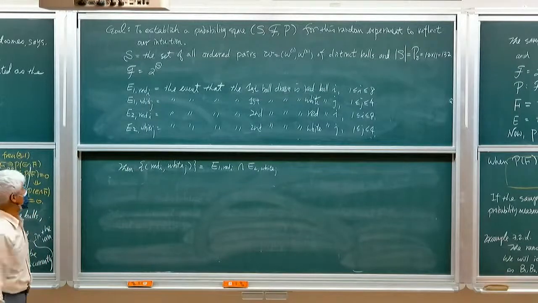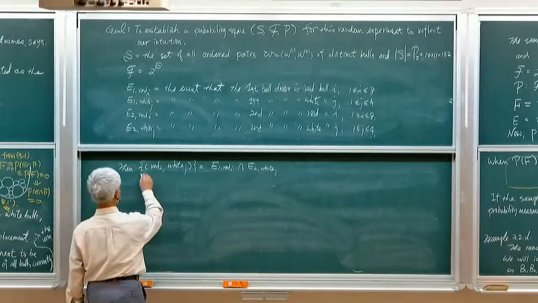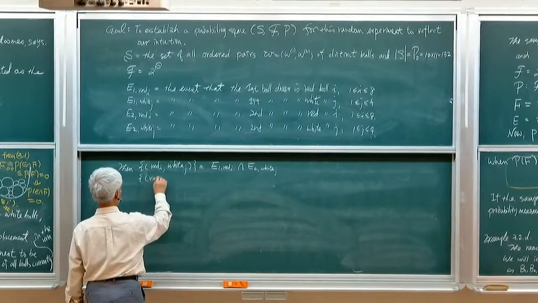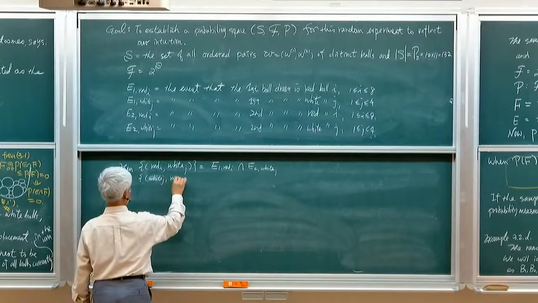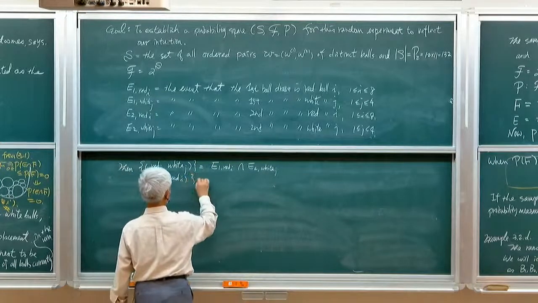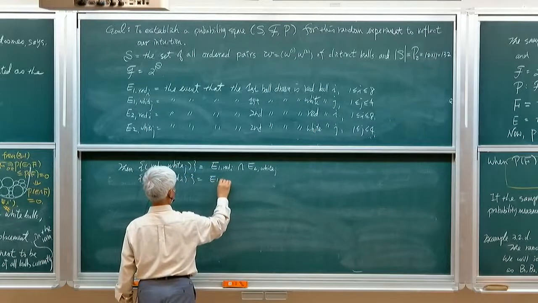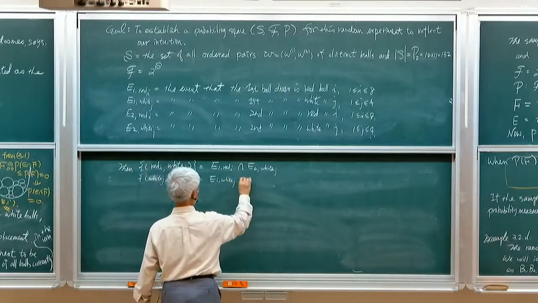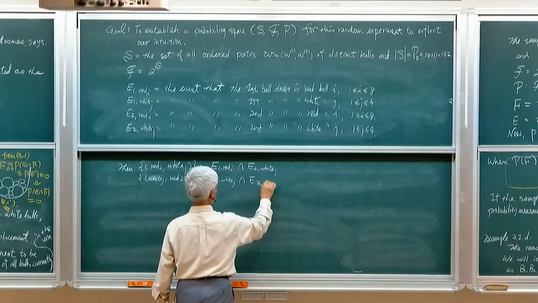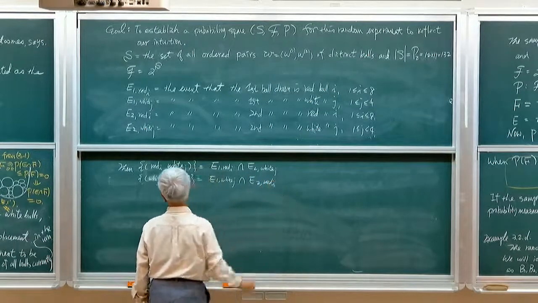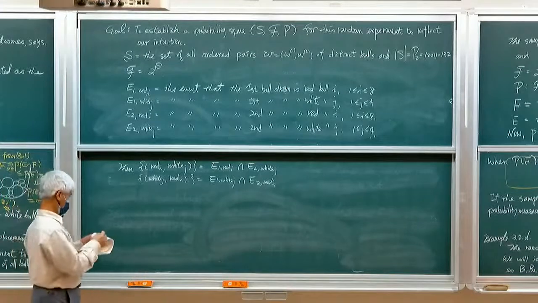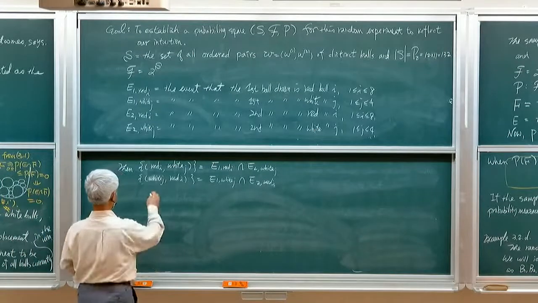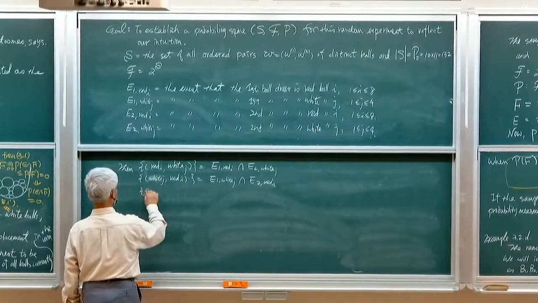Okay. And similarly, you can have white J, red I, intersects. There are other two kinds of atomic event.